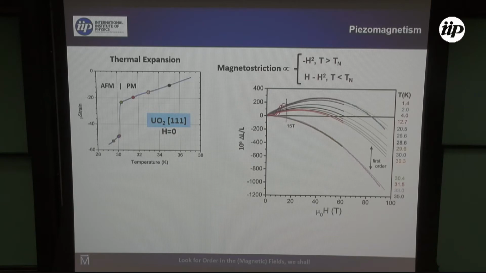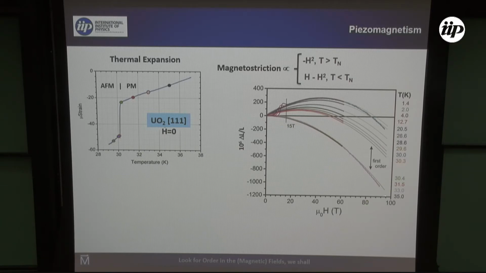We have a transition that happens at 30 Kelvin. I already told you that 1 Tesla is 1 Kelvin, but then you apply 90 Teslas and you cannot saturate this material at all. So there is an energy scale that is larger than 30 Kelvin. There is something in the interaction between the uranium atoms that makes it continue to be quadratic all the way to 90 Teslas.